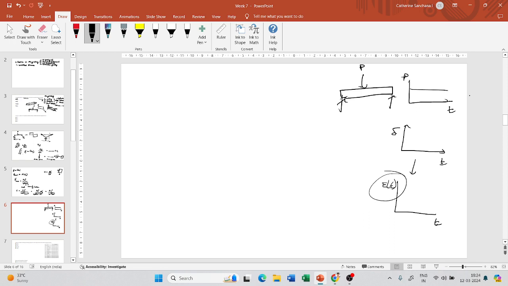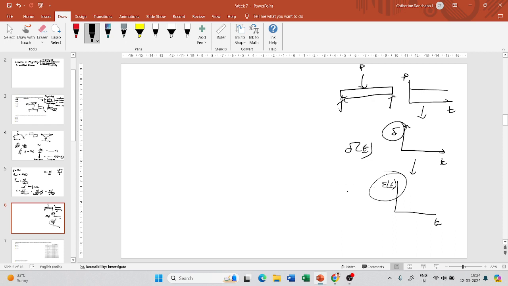You will apply a constant load, measure the deflection of the beam at the center, which varies as a function of time. So this equation that we saw is for an elastic beam. For a viscoelastic material, they have simply substituted delta, which is a constant value in the case of an elastic beam, to be a function of time. So you substitute a function there, and the stiffness of the beam, which is supposed to be constant for an elastic beam, is also substituted as a function of time.